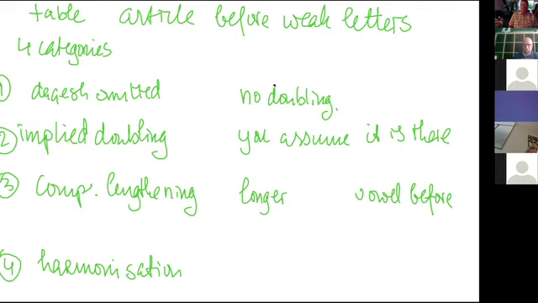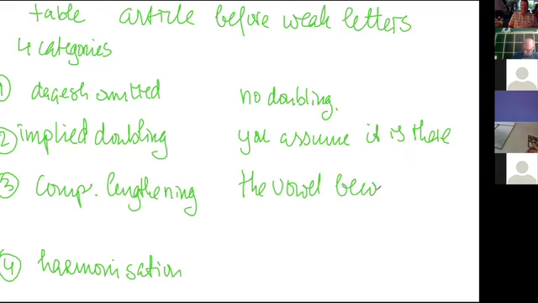Yeah, the vowel before becomes longer. Maybe you must say that. That's better. The vowel becomes longer. And the fourth category, harmonization, so that the vowels are the same.